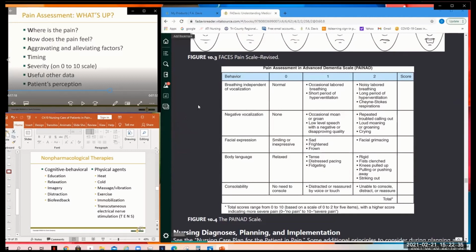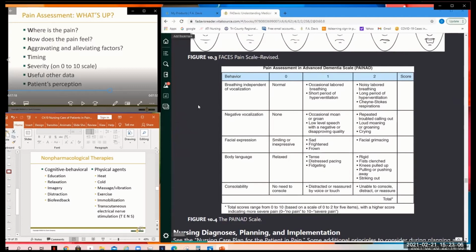And if it seems normal, you give them a 0. If you're seeing occasional labored breathing and maybe a short period of hyperventilation, score them a 1. If the patient has noisy labored breathing or maybe a long period of hyperventilation and Cheyne-Stokes respirations, you're going to give them a 2.